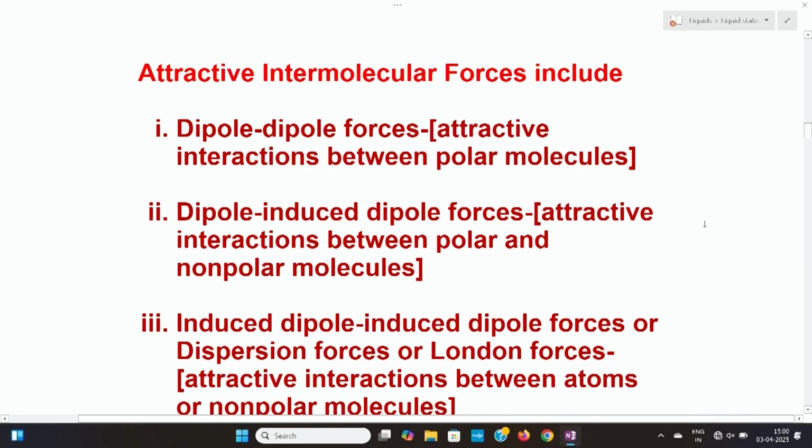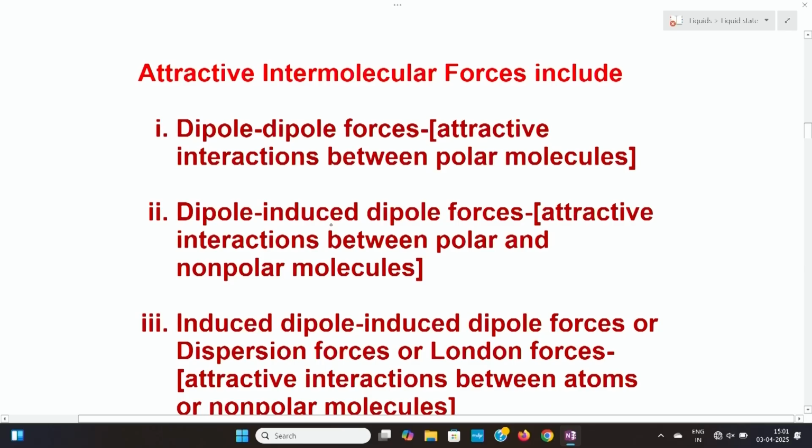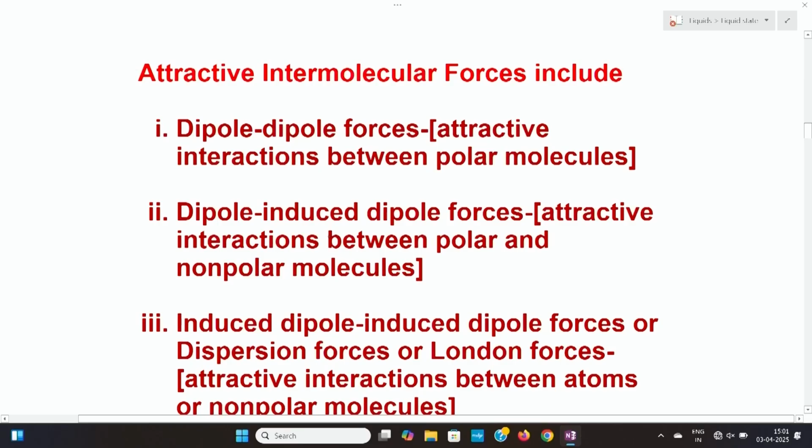Now, let us see the different types of attractive forces. The different types of attractive forces, or van der Waals forces, are: the first one is dipole-dipole forces, the second is dipole-induced dipole forces, and the third is induced dipole forces. Dipole-dipole forces, as the name says, are the attraction forces between two dipoles.